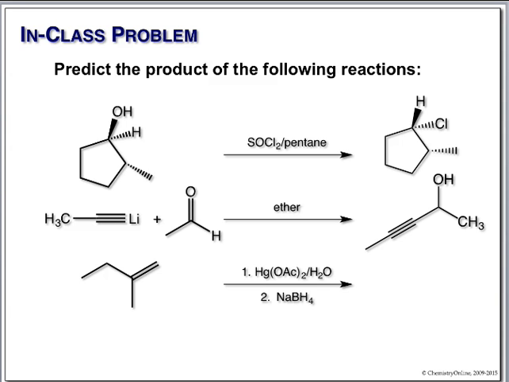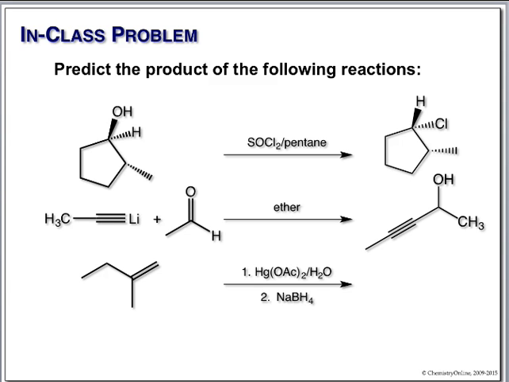And once again, back in chapter 8, we have a simple alkene. We're reacting it with mercury(II) acetate. We know that when we do that, we will get an organomercurial. In order to get rid of our mercury, we just dump in sodium borohydride, and the mercury goes down the drain.